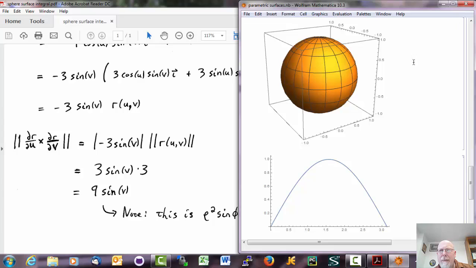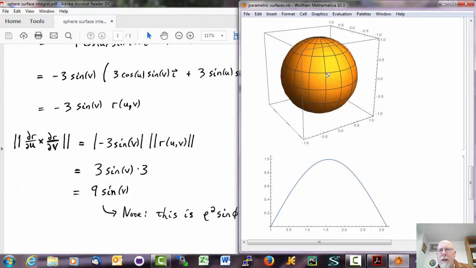So why is that? Well, notice that if you move in theta this way, this is supposed to be the area of a small patch of this surface, right? As you move this way, if you take a little tiny patch around a point and then move this way and take the same patch, the size doesn't change.